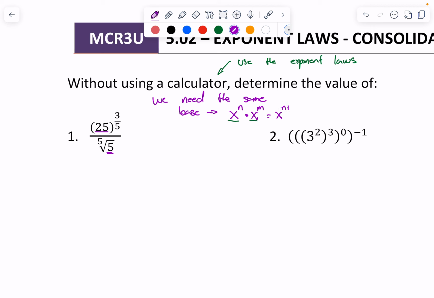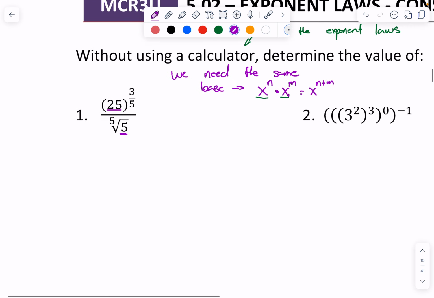So in this case, you'd be adding exponents, right? So always be on the lookout for this. If you can clean this up, well, 25 is the same thing as 5 squared.